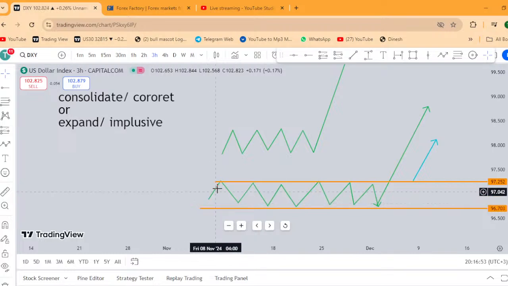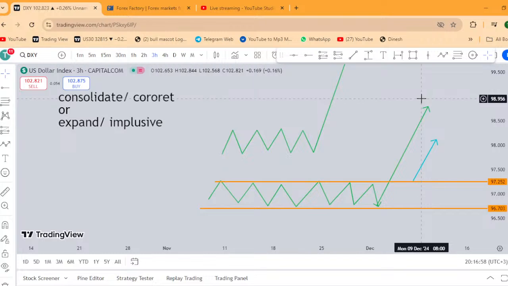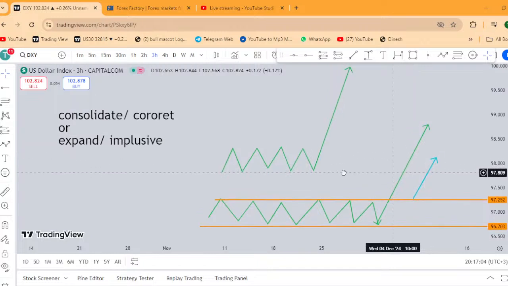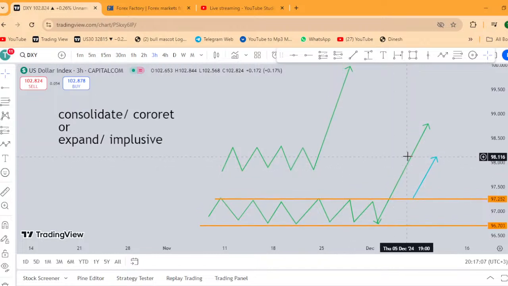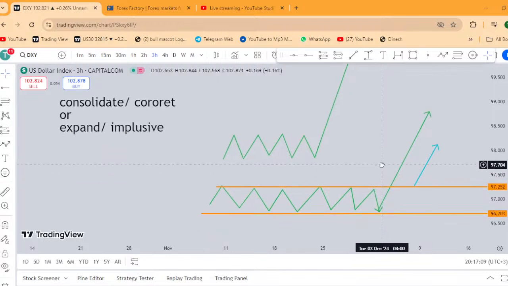Some were buying, others were selling, until someone came in with big money, and then we experienced an expansion. Seeing this expansion, I now know that yes, the buyers are here.